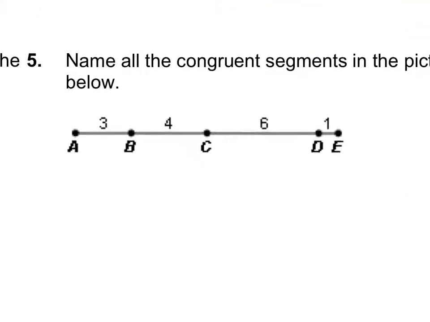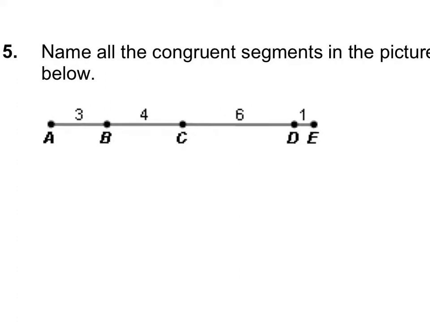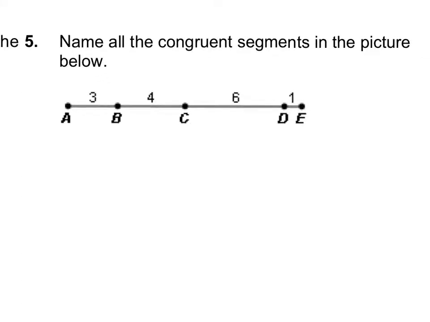Number 5 says to name all the congruent segments in the picture below. So let's see. If I'm looking at these numbers, I have 3, 4, 6, and 1. None of those numbers themselves are congruent, but if I start adding some things together, 3 plus 4 gives me 7, and 6 plus 1 gives me 7.